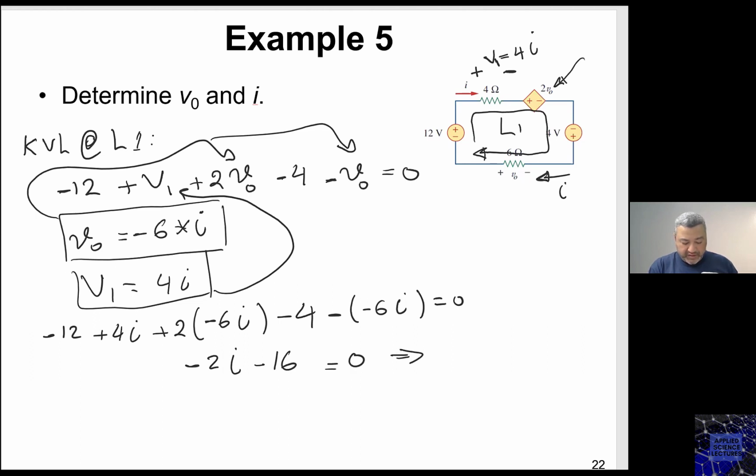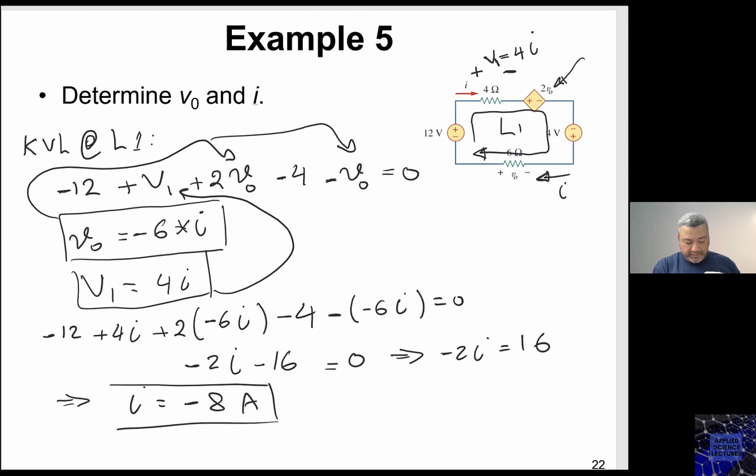And in this case, I have minus 2I equals 16, and I equals minus 8 ampere. So this is the current I, and now I can substitute I in here to find V naught. V naught is minus 6 times minus 8. V naught is 48 volts.